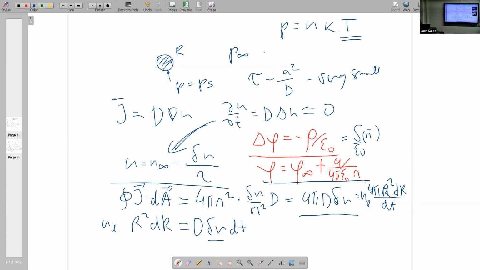Because this is a linear differential equation of second order, we expect to have two linearly independent solutions. One is a constant term here, and the other is a 1 divided by r term.